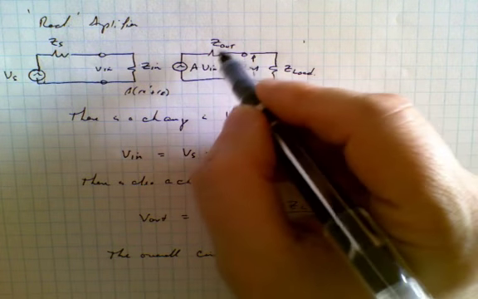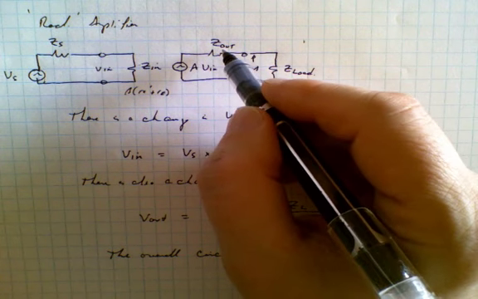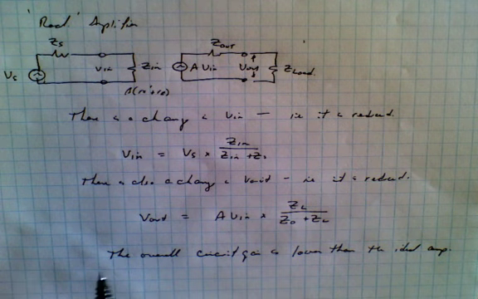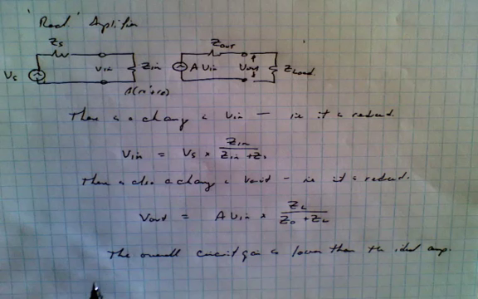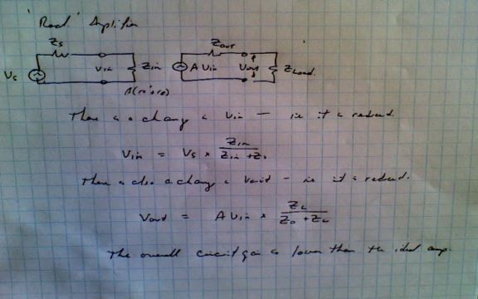And likewise, this output impedance will be dependent upon the nature of the transistor and the circuit, the biasing circuit. So we're going to improve our circuit analysis of transistors by taking a look at the biasing network that supports the transistor and puts it into its operating region, because it has a profound effect on the overall circuit gain.